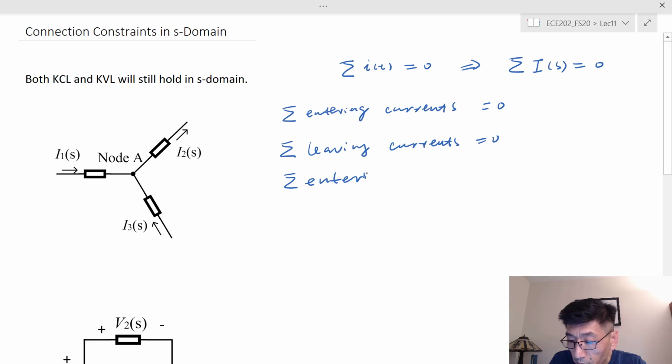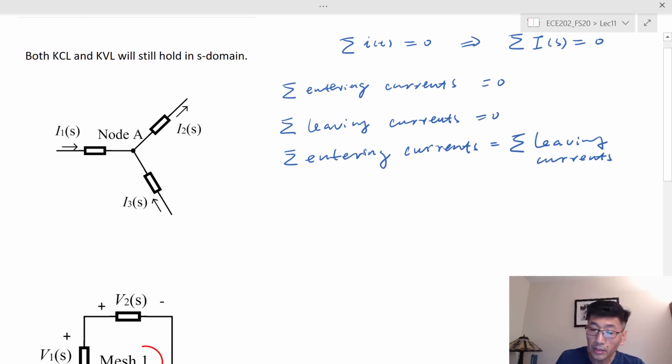So these are three different conventions we're going to use to write the KCL, right? And in this case, I have a really simple node. We have three currents leaving and entering this node.